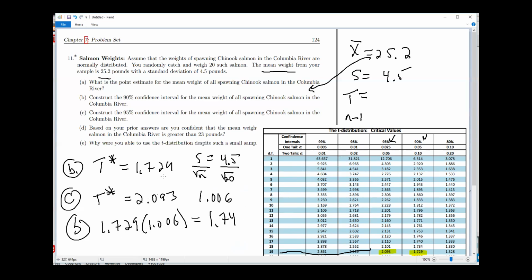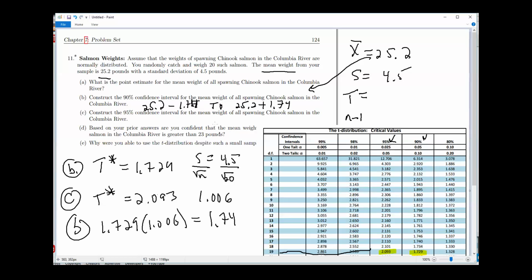Then to come up with my confidence interval for part B, I'm going to take my sample mean, 25.2, and subtract my margin of error. That'll give me my lower bound. To get my upper bound, I'm going to do 25.2 plus my margin of error, 1.74.